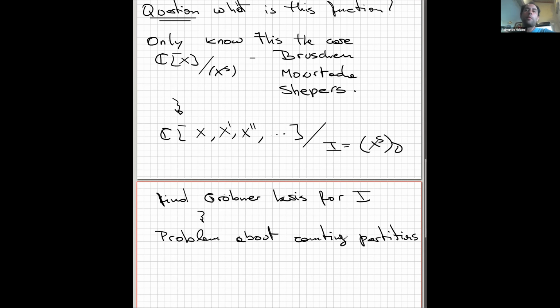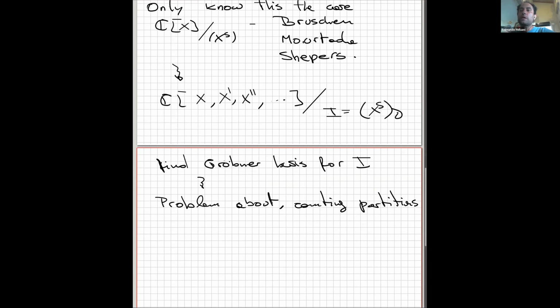And they solved the problem of counting partitions. They found the generating function for the partitions that are given by the leading monomials of that Gröbner basis of this ideal. And they found explicitly the generating function for this guy here. I'm going to write what that function is in a second.